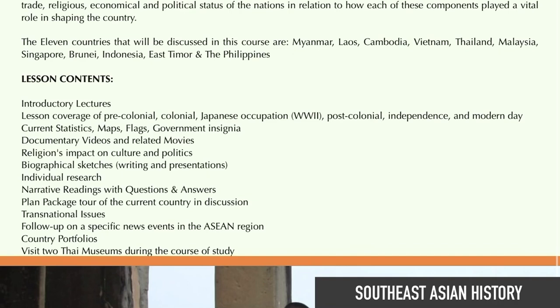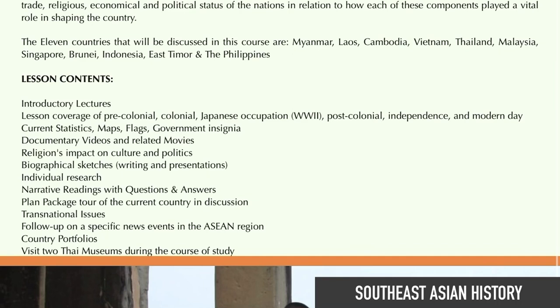So we will take a look at that and how these religions have impacted the culture, even the language. And by the way, the Philippines is the only country that is Christian in Southeast Asia. And how did that affect the Philippine culture and economy and even language?